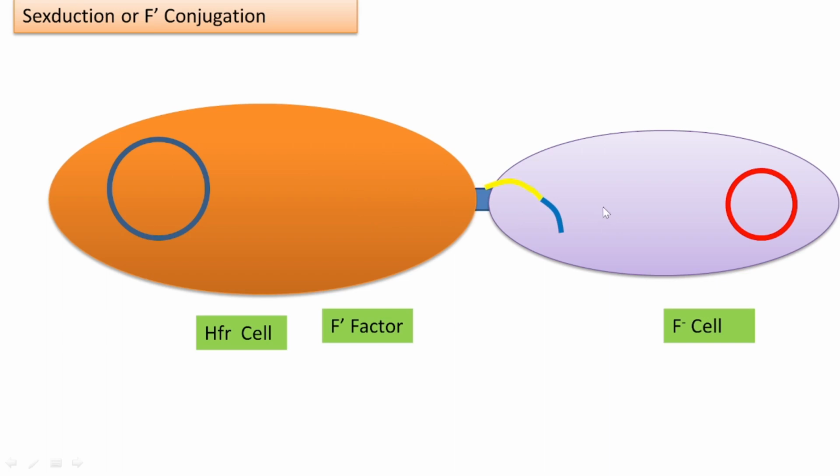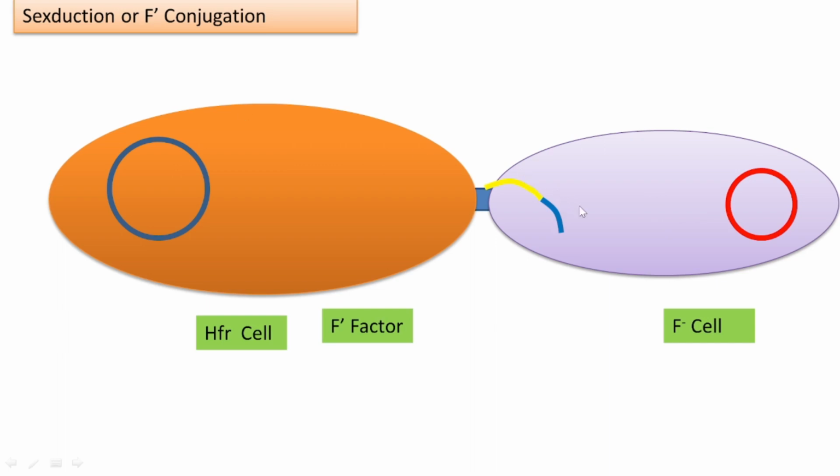Okay, and we know that along with this F prime factor, some fragments of the Hfr cell are also present, and these genes do not need to get integrated into the F minus cell to undergo replication. They can undergo their own replication independently. Okay, that type of transfer is called sexduction.